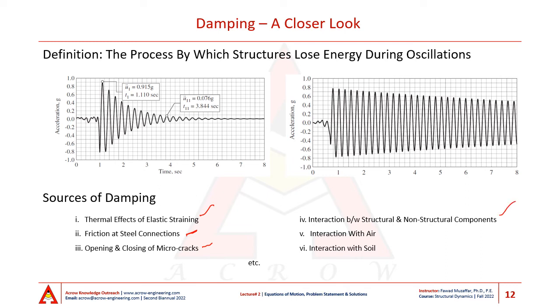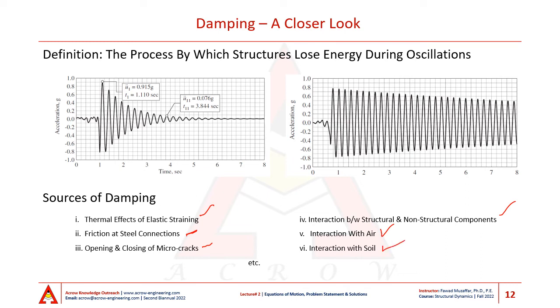Then, one of the main reasons of loss of energy during vibrations is air resistance. Whenever there is a structure or a building that is vibrating and oscillating, it is doing it in an air medium, and that is causing all sorts of drag and pressures to develop on both sides of the structure, and this is actually causing loss of energy.